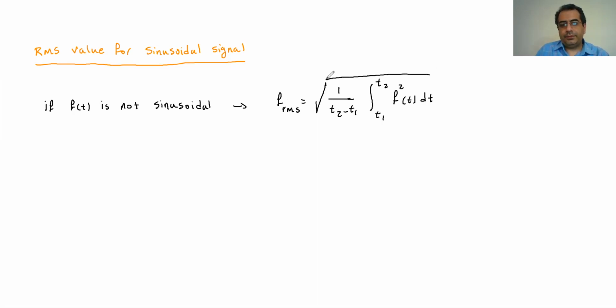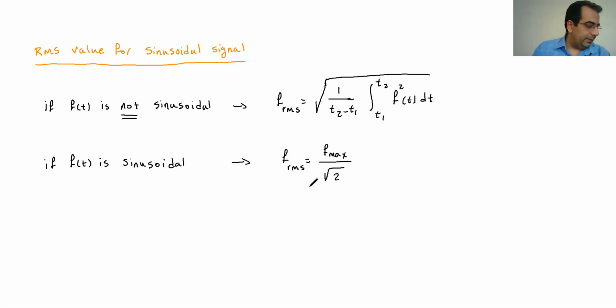So this is if it is not sinusoidal. What if f(t) is sinusoidal? Like if it is a cosine wave or sine wave, it's much easier to do that. Then the F_RMS is equal to, for example, F max divided by the square root of 2.